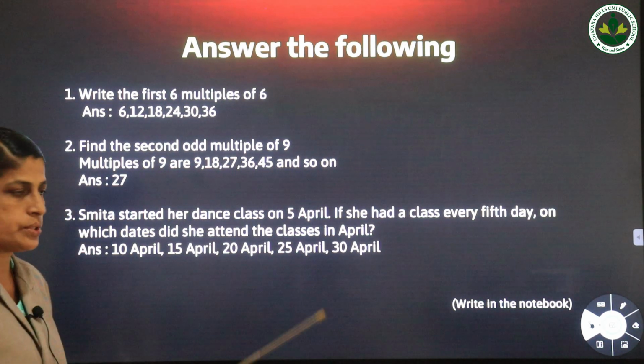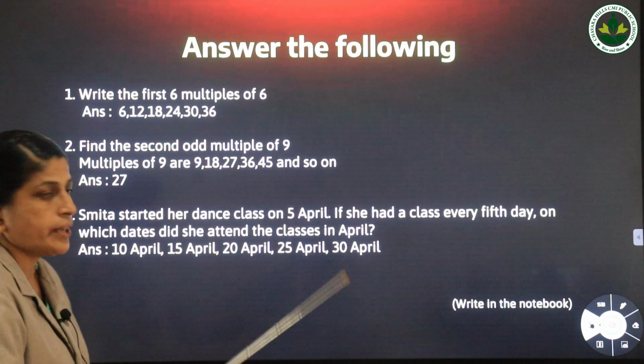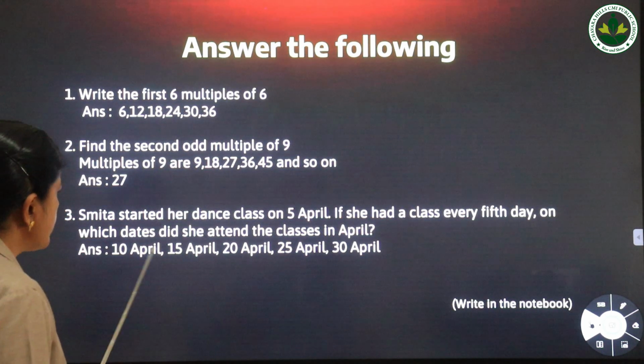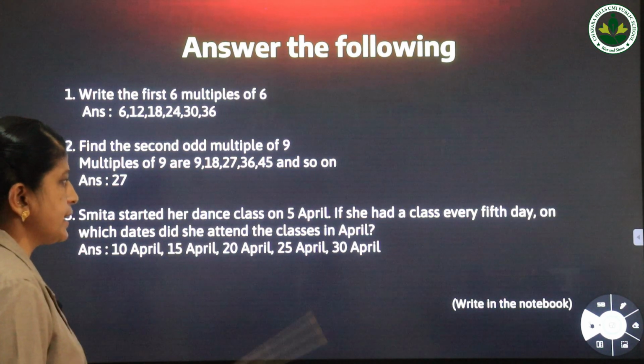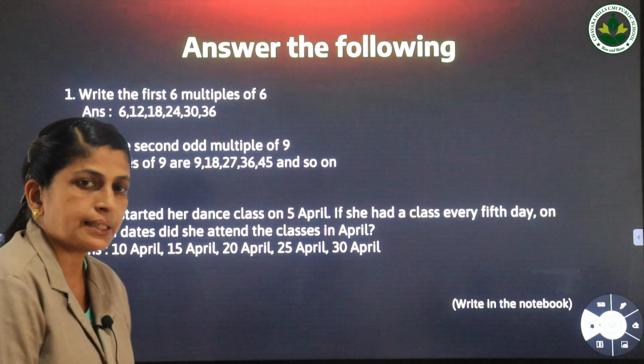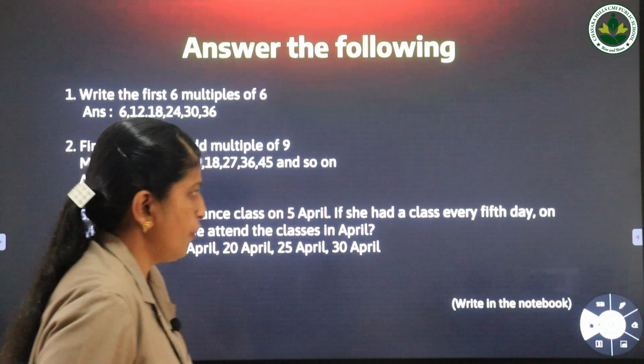Then the third question. Smita started her dance class on 5 April. If she had a class every 5th day, on which dates did she attend the classes in April? She started on 5th April, then the class is every 5th day.